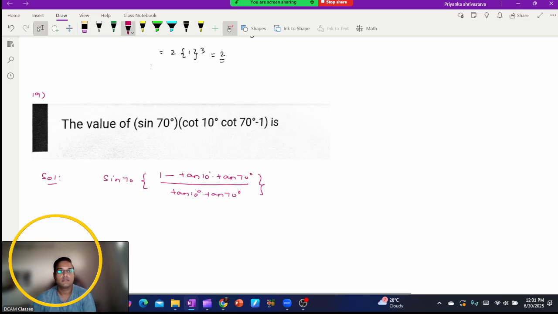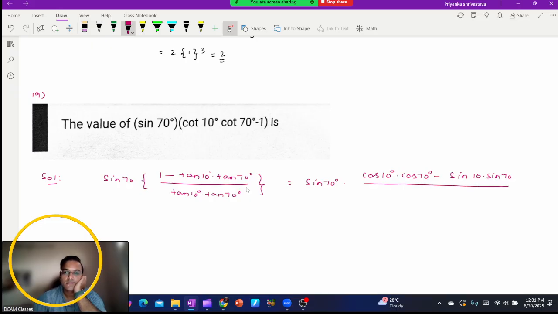Now further, I can write it in this form: sin 70 into cos 10 into cos 70 minus sin 10 into sin 70, by cos 10 into cos 70.